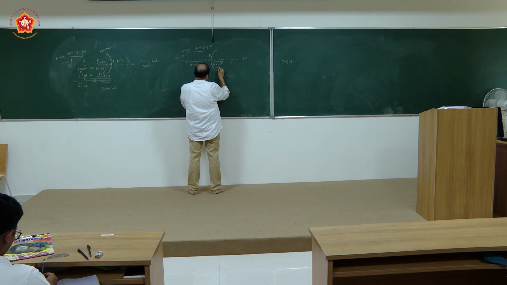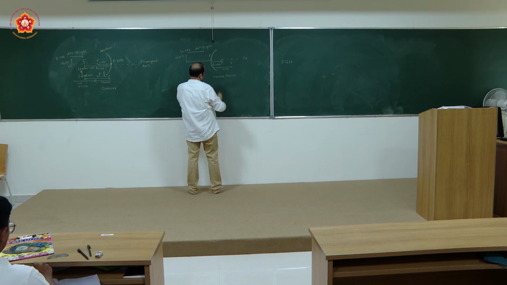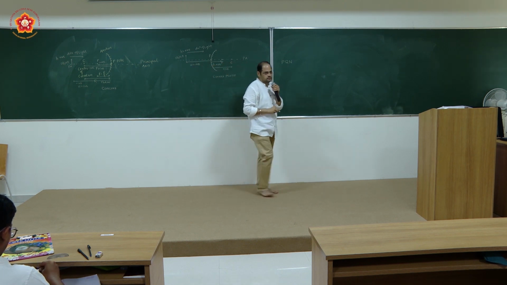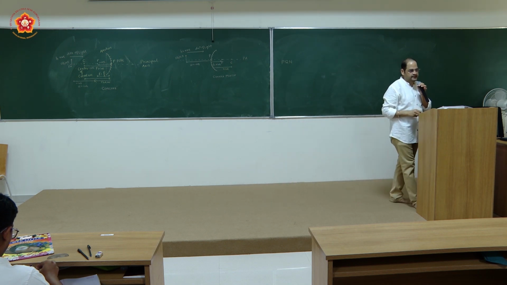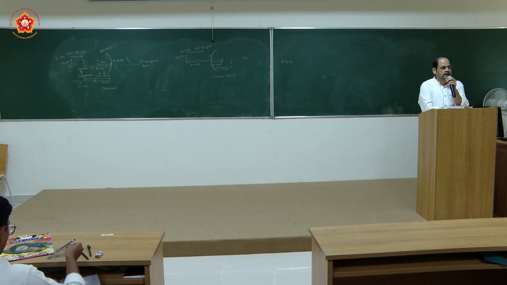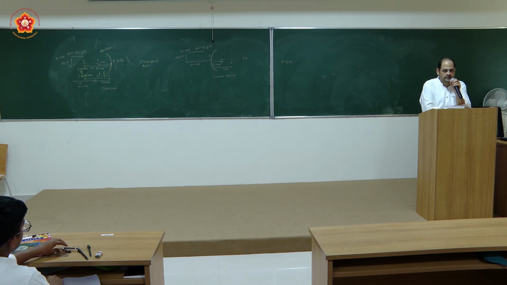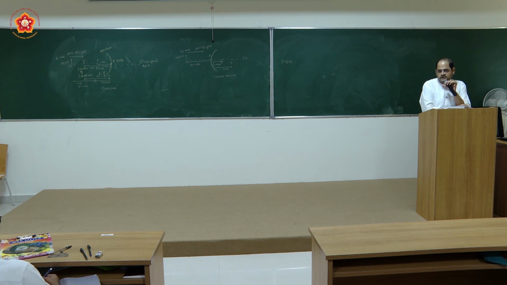And the distance from the pole to the center of curvature will also be taken as positive, because you are measuring the distances in the direction of light. If you are measuring the distances opposite to the direction of light, it will be taken as negative. Are you getting it clearly? समझ में आ रहा है?